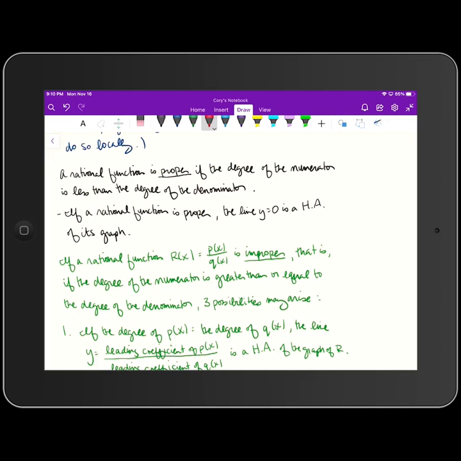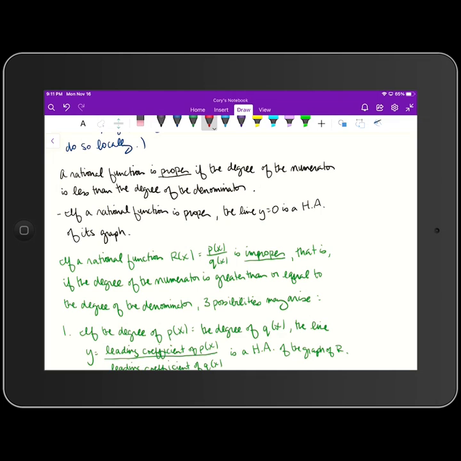And if a rational function is proper, then the line y = 0 is a horizontal asymptote of its graph. So if the degree on top is less than the degree on bottom, then your graph is going to have a horizontal asymptote at y = 0.